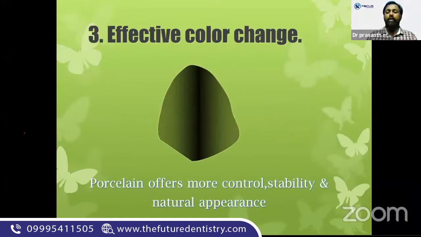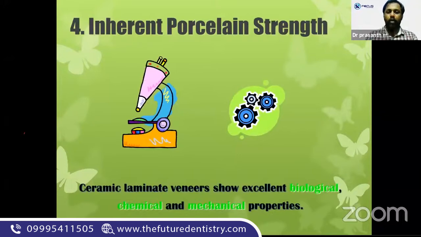Then color. You can mask the discoloration and can offer a stable color for the restoration. Understood? Unlike the other restorations, there won't be any change in the color of porcelain. So that is again an advantage.